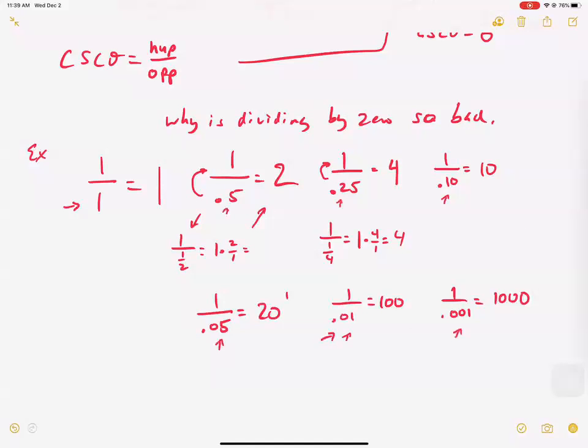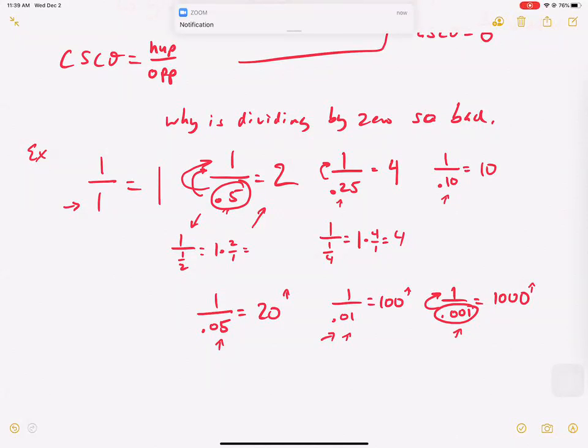It's getting bigger, right? As the denominator is getting smaller, it's getting bigger. Why is that? The big reason is because in division, it's how many of these get squeezed into here. And if you have smaller pieces, you can fit more into that one.